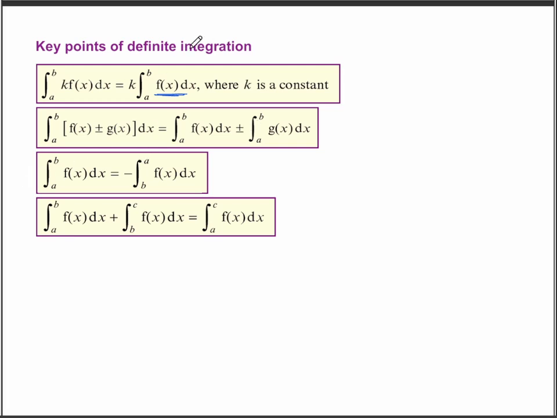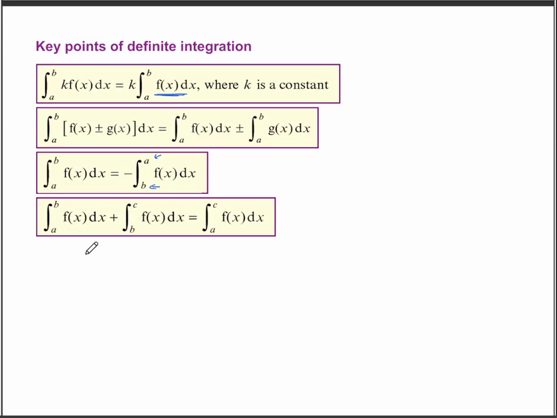Another key point of definite integration, which we haven't done for indefinite, is that if we have the upper limit as b and the lower limit of a, and we're taking the integral of f of x with those limits with respect to x, that is equal to the integral of f of x with respect to x, switching the upper limit and the lower limit around, multiplied by negative.